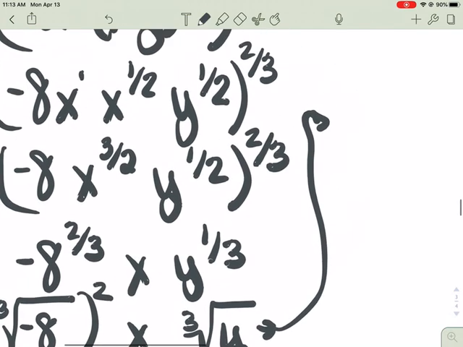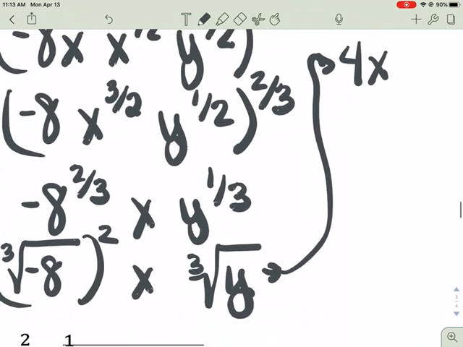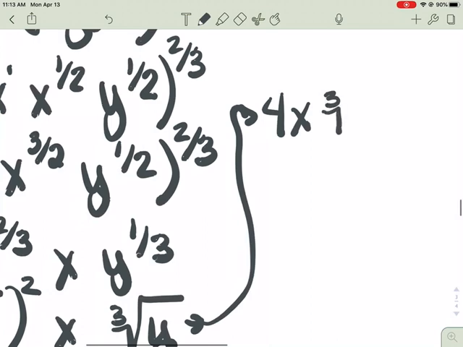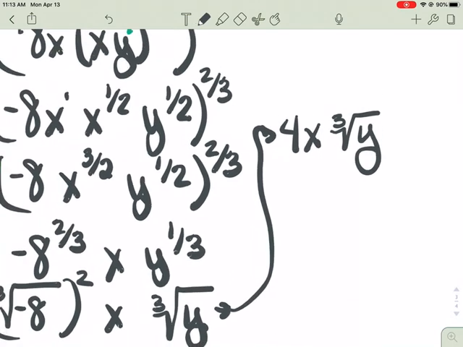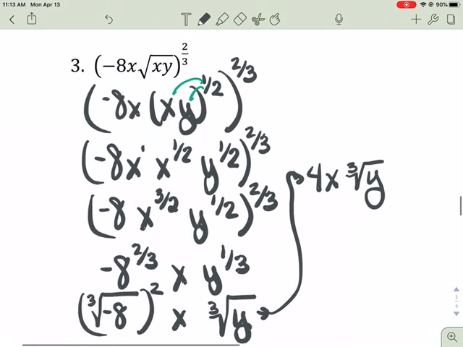So that's going to give me 4x cube root of y. Can't do anything with that. So there is our solution. That one's a little bit more complicated because you had to take care of what's inside first, then give everybody the 2/3 and then simplify.